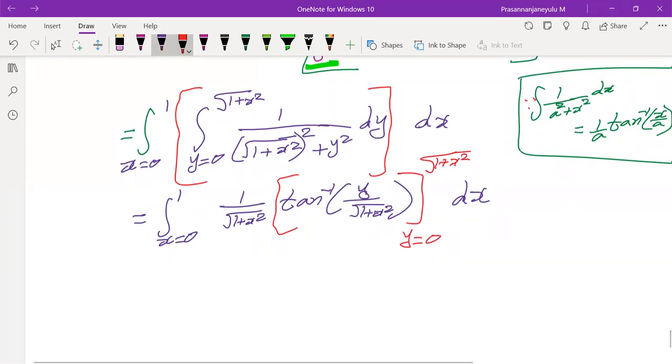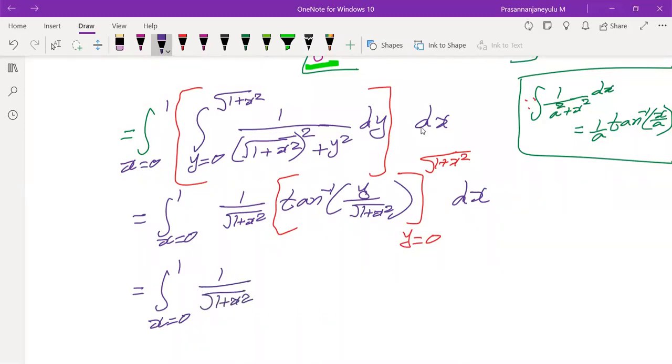Now apply the upper limit. Integration of x varying from 0 to 1, 1 by root of 1 plus x square into tan inverse of, applying the upper limit in place of y, root of 1 plus x square.